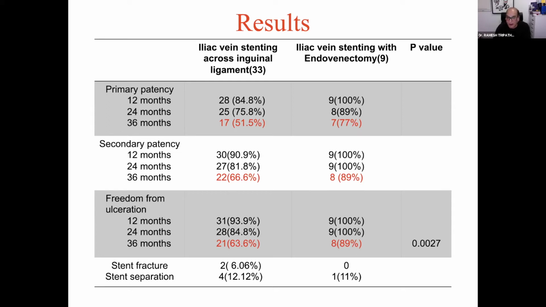This is in the background of the fact that iliac vein stenting with endovenectomy is required in a far smaller number of patients than iliac vein stenting across the inguinal ligament. So in terms of ulcer healing, the results of endovenectomy are pretty satisfactory.